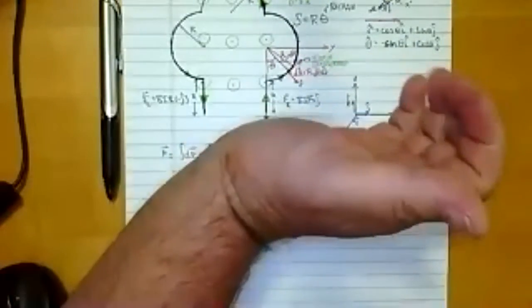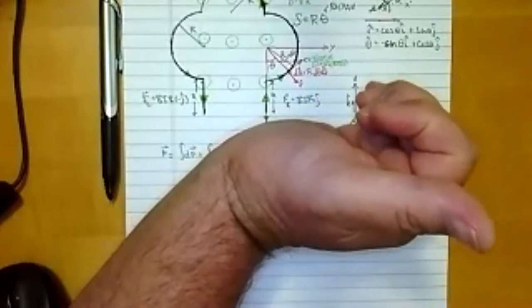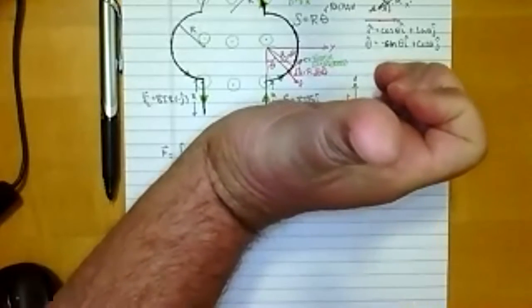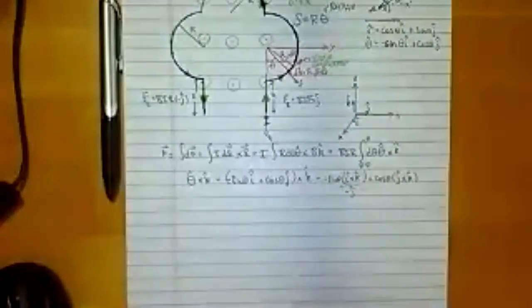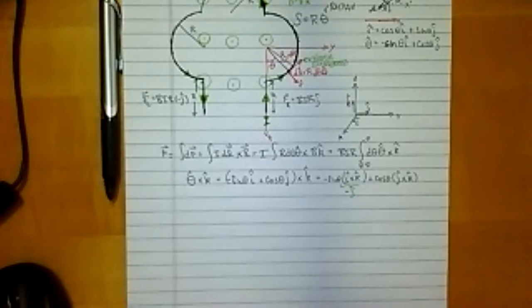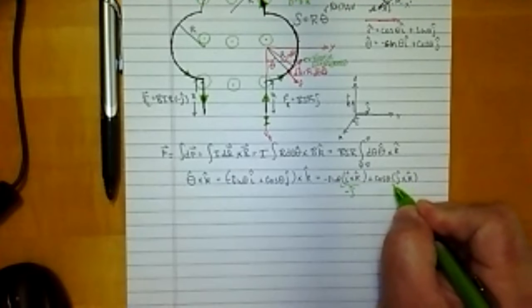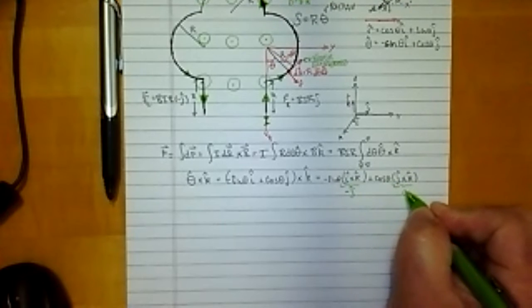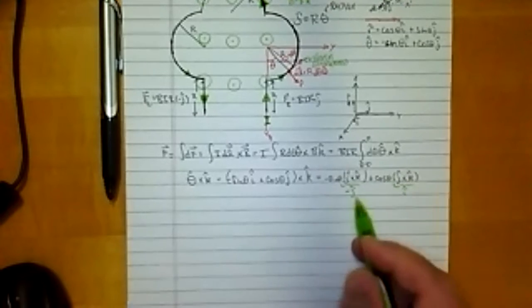And also, if you want to do the curl thing, you can imagine your fingers curling towards k. And then, of course, my thumb is pointing straight out of the page, because all three of them have to be mutually perpendicular. So when you get that, you see it points out of the page, which is the x direction, the i hat direction. So this one's just i hat.